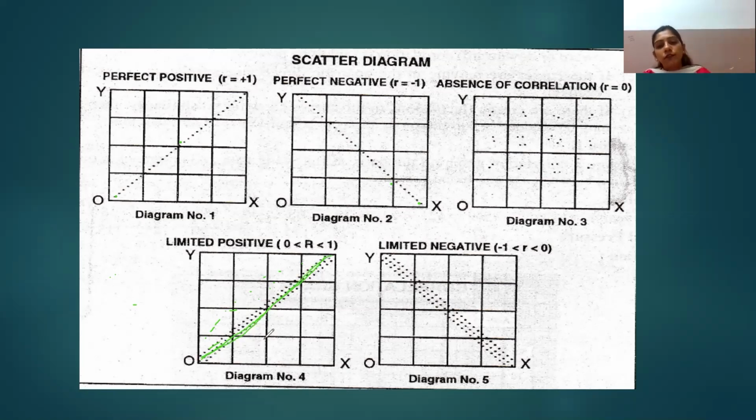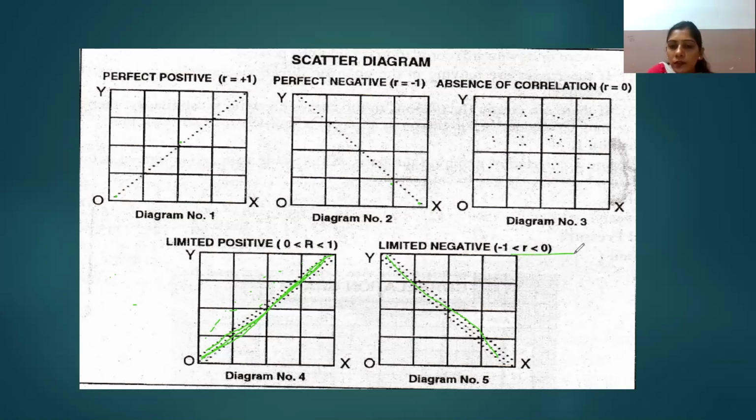They are not in the falling tendency, they are moving toward the upward side, and the dots are lying near the straight line. Similarly, in limited negative correlation, dots are in falling tendency, and they all are lying near to the straight line but not on the straight line. So that is limited negative correlation.